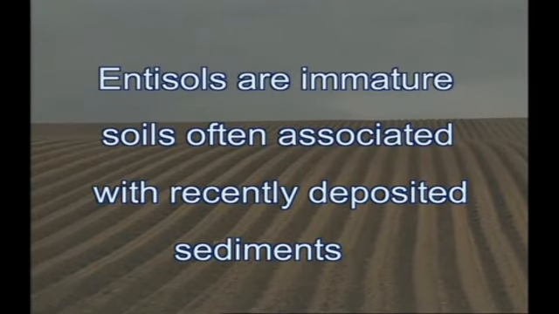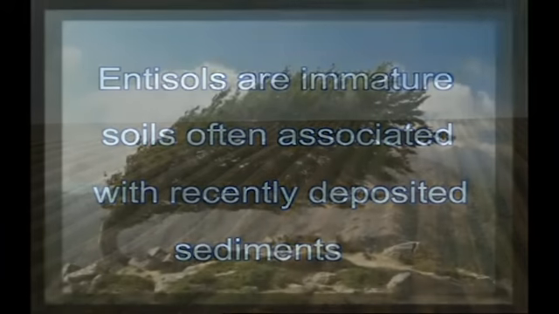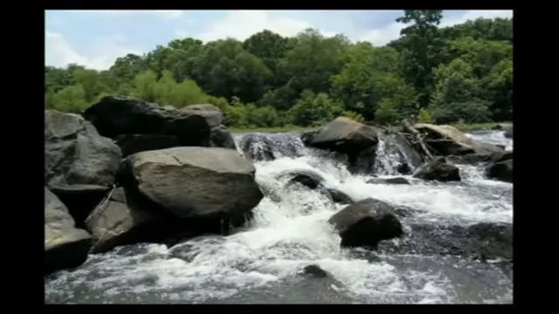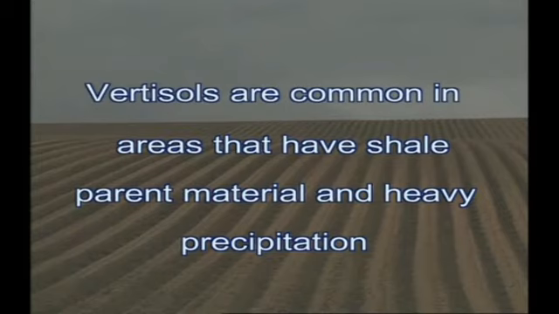Entisols are immature soils often associated with recently deposited sediments from wind, water or ice erosion. Inceptisols are young soils that are more developed than entisols. These soils are found in Arctic regions.